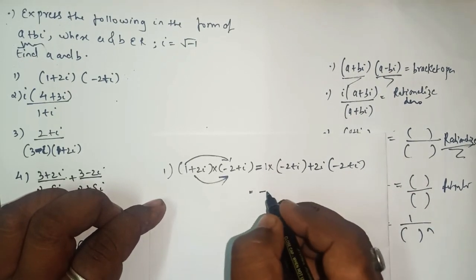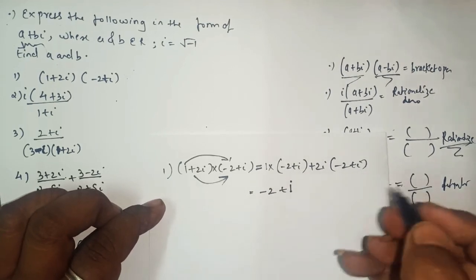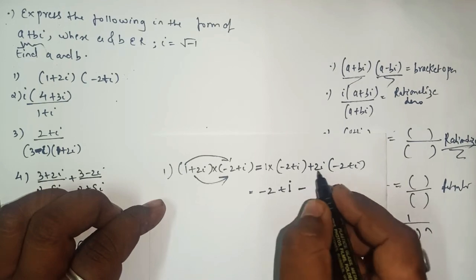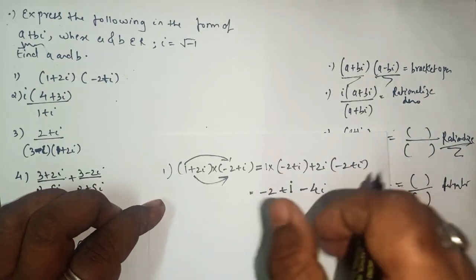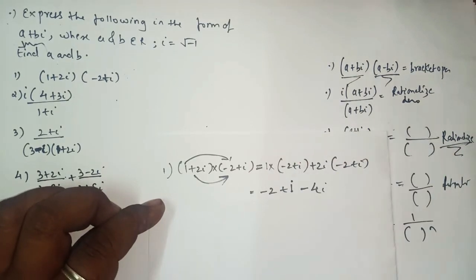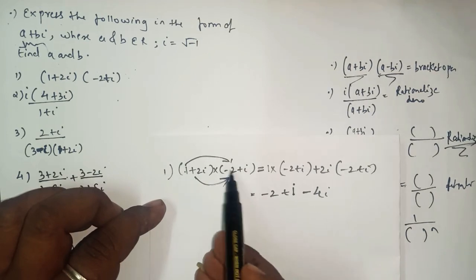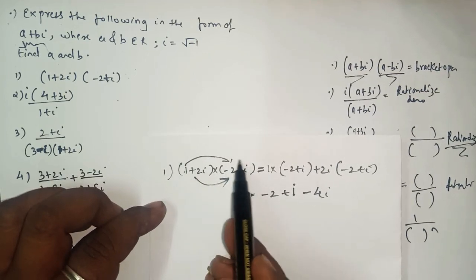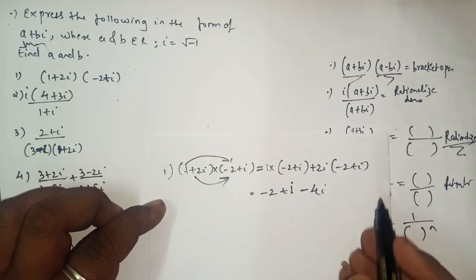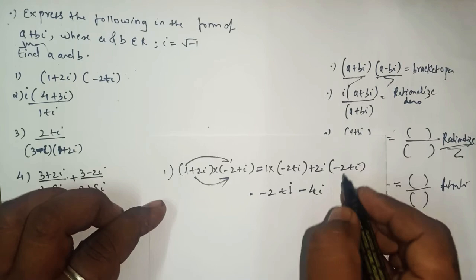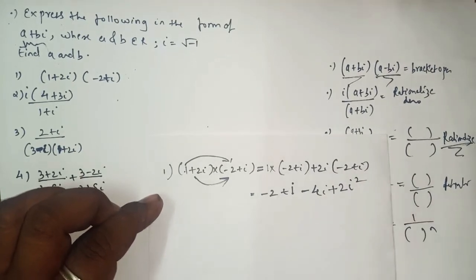So this will be minus 2 plus i plus minus 4i. Take the first part, multiply it with the whole second section, take the second part, multiply it with the whole second part. Plus minus will be minus, plus plus is plus, 2i into i is i square.